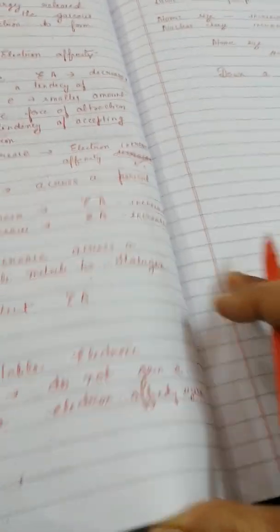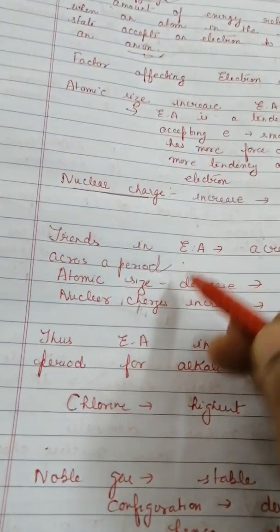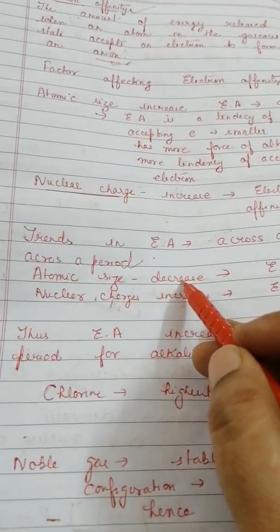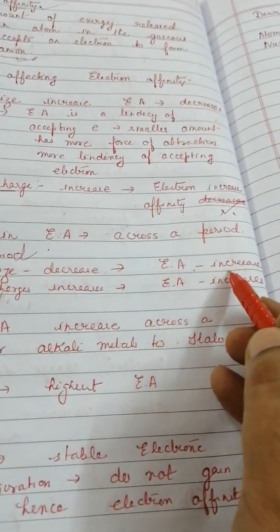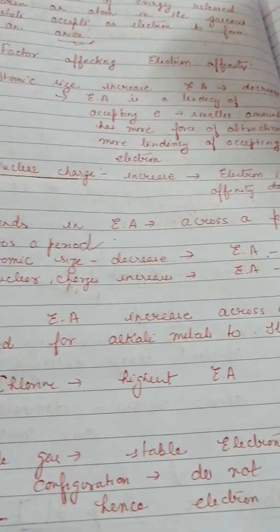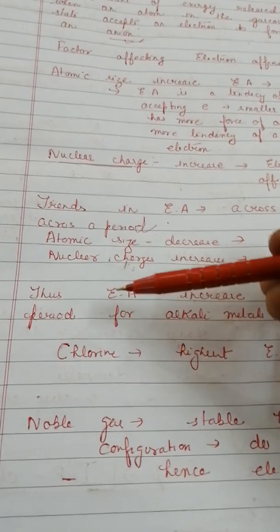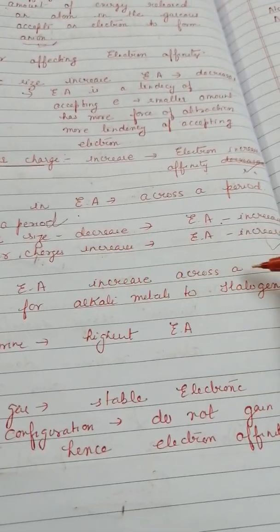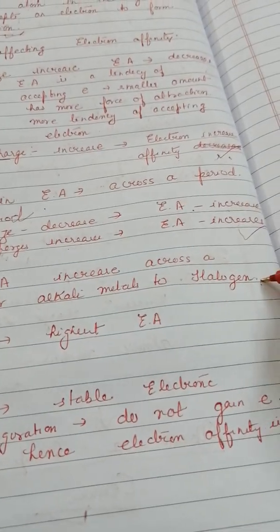Now we talk about how electron affinity changes across a period. Across a period, the atomic size decreases, so electron affinity is going to increase. Nuclear charge increases, so the electron affinity is going to increase. Thus the electron affinity increases across a period from the alkali metals to the halogens.